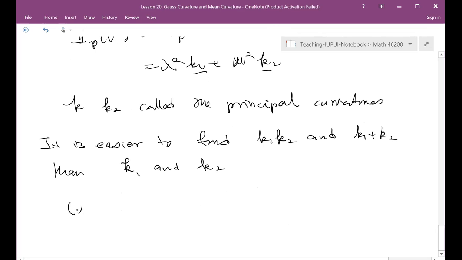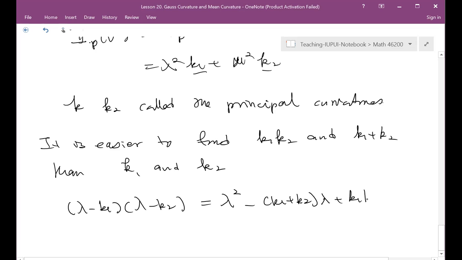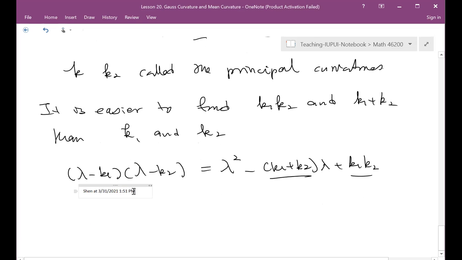The reason is that (lambda minus K1)(lambda minus K2), when you multiply them out, gives you the sum and the product. So if you know the sum and the product, then you can use the quadratic formula to find K1, K2. Just one more step. So it's sufficient to find the sum of K1 and K2 and the product of K1 and K2.